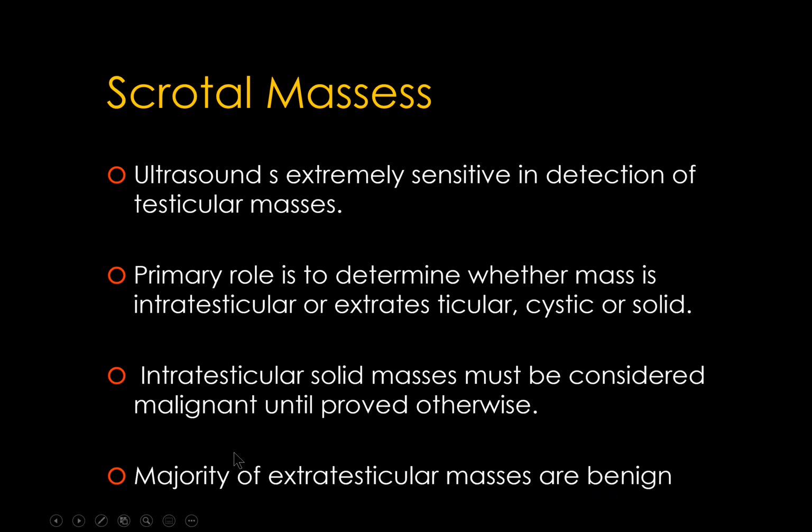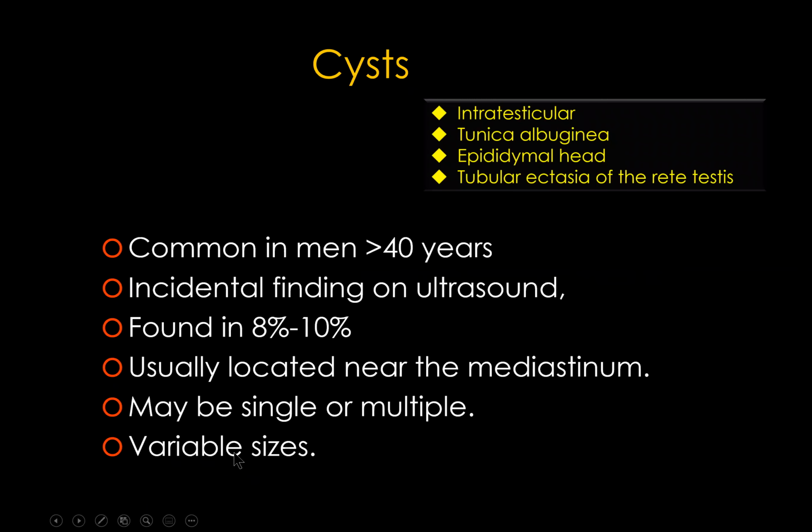Benign testicular masses: intratesticular cysts are quite common in men older than 40 years. It is an incidental finding on ultrasound found in 8 to 10%, and it is usually located near the mediastinum. A cyst might be single or multiple, and it could be variable in size.